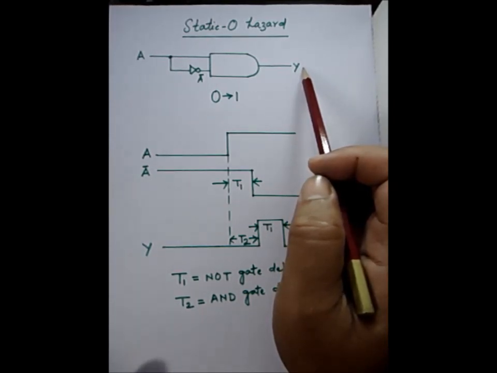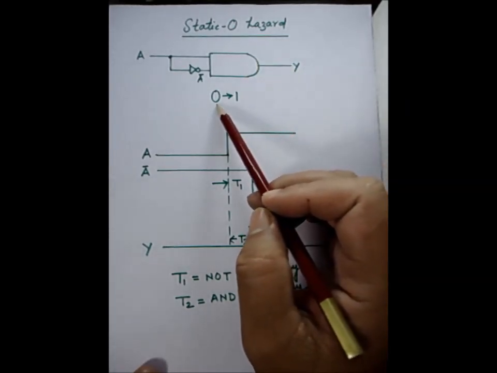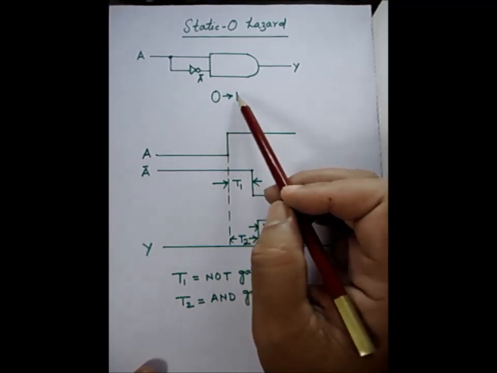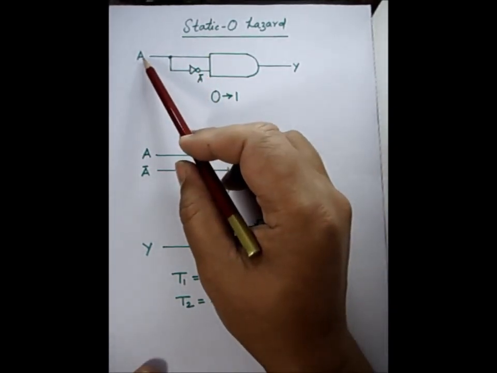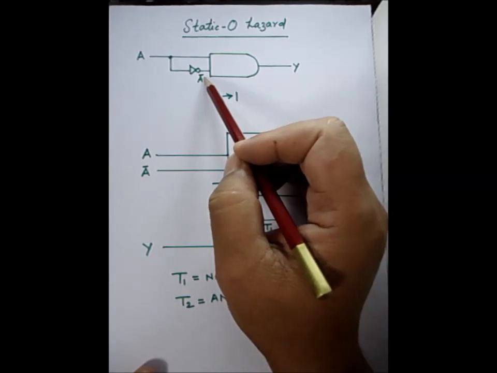Now let us take a particular case where a transition takes place for input A from 0 to 1. When A was 0, the complement of A was 1.